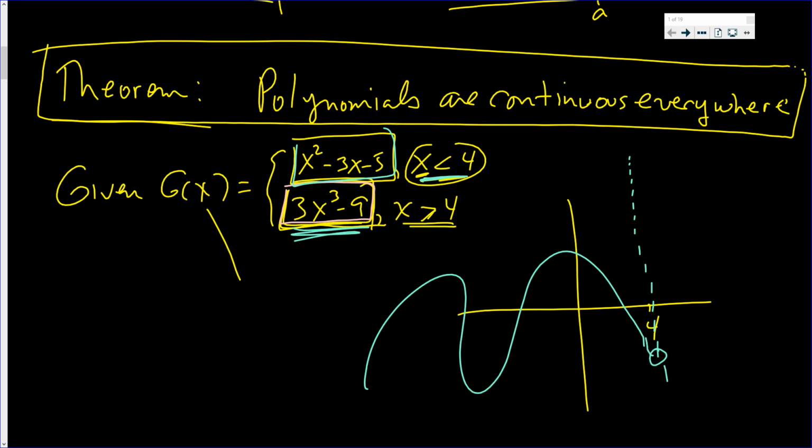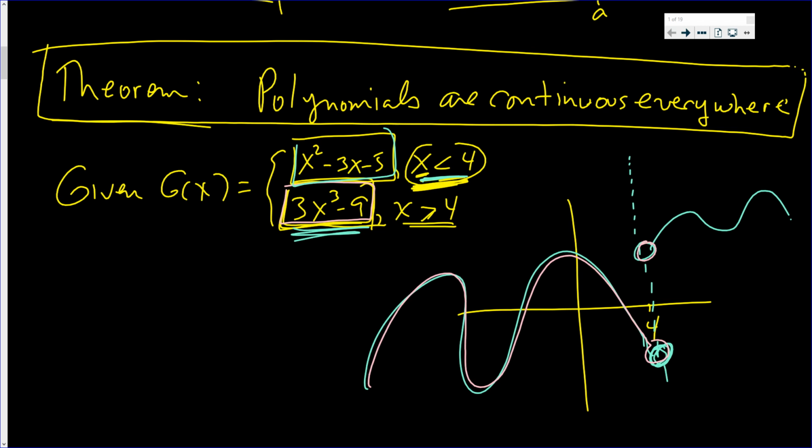Now that other polynomial may pick up down here, or it may pick up from here. What I know is if x is less than 4, this function is continuous. If x is bigger than 4, it's continuous. Why is it continuous? Because they're polynomials.